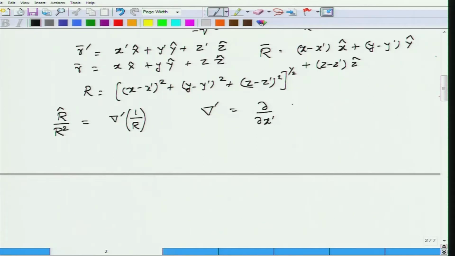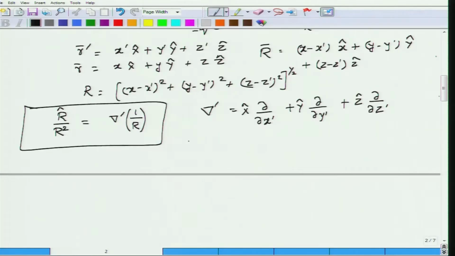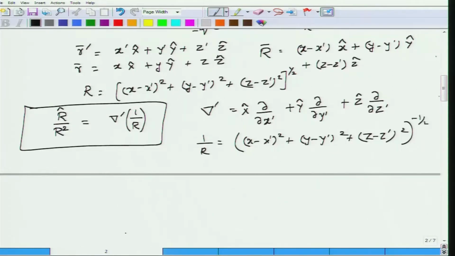So del prime is defined as x hat del by del x prime plus y hat del by del y prime plus z hat del by del z prime. Now you can try and find out whether this equation is true by writing 1 by r as (x minus x prime) whole square plus (y minus y prime) whole square plus (z minus z prime) whole square, to the power minus half, right. That will be 1 by r.